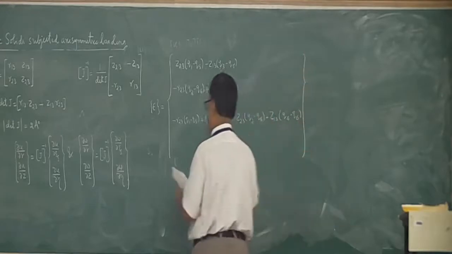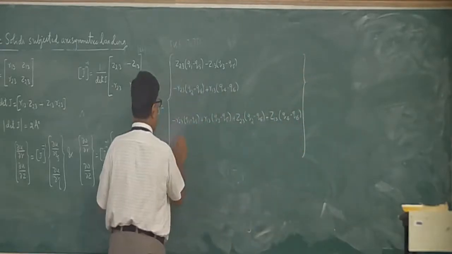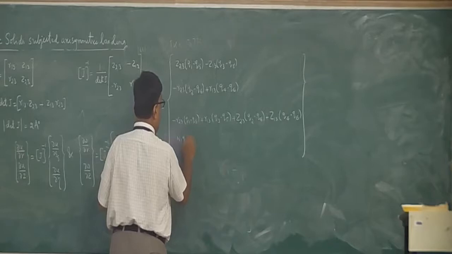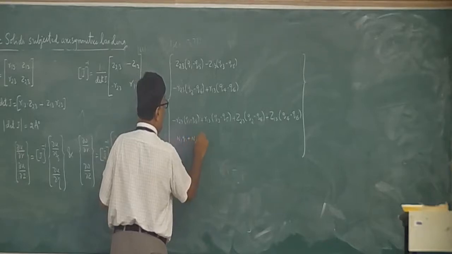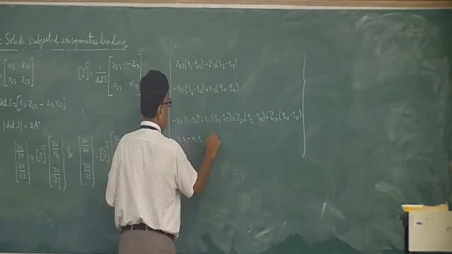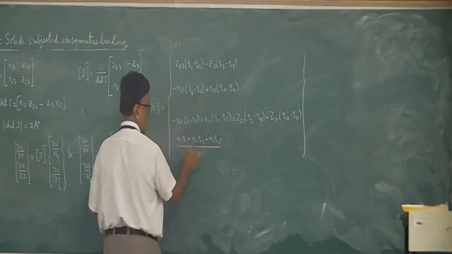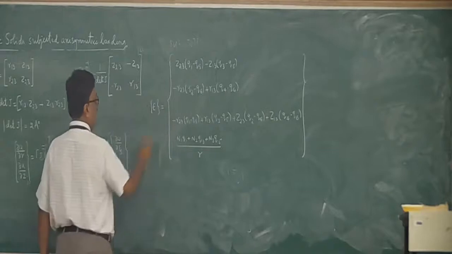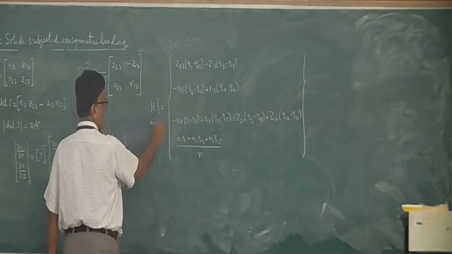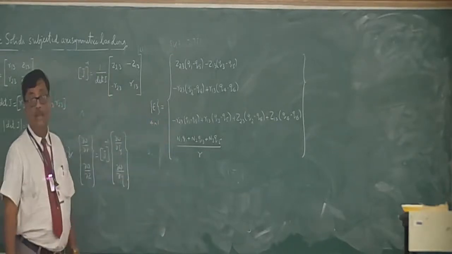Here, this is not the end. Still we have one more row. This is U by R. So it is N1 Q1, N2 Q3 plus N3 Q5, divided by R. So therefore, this is going to be what we call the strain matrix.